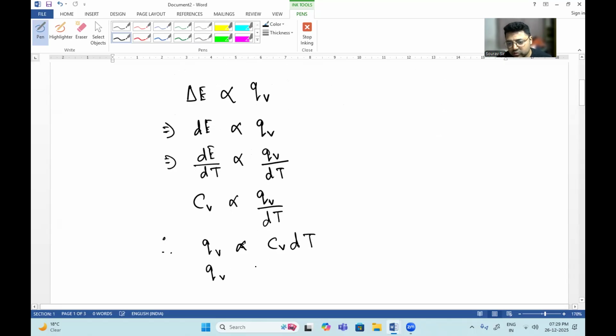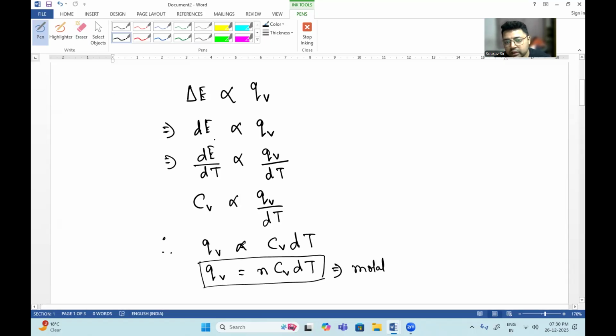When we exchange this proportionality sign with an equal to sign, there comes a constant of proportionality, and here it will be n. So we write QV equals nCV dT.